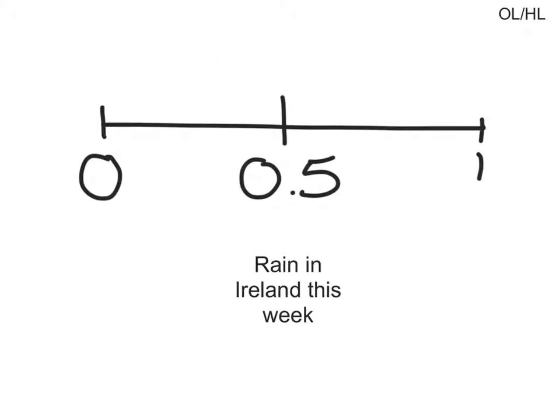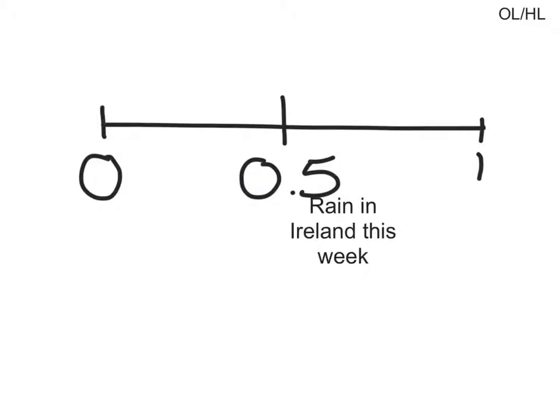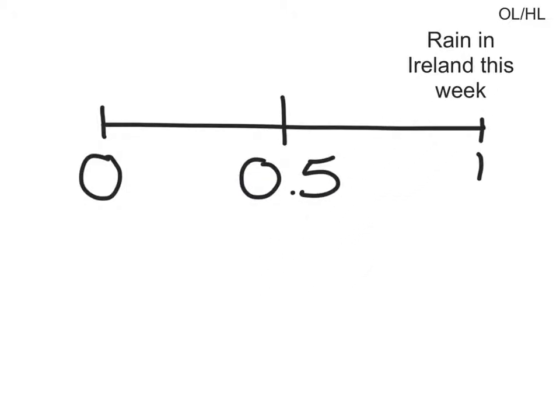What is the probability that it will rain in Ireland this week? It will most likely rain in Ireland this week, so we assign this a probability that is close to 1. What is the probability of winning the Lotto? Everyone knows that the chances of winning the lottery is very, very, very small.